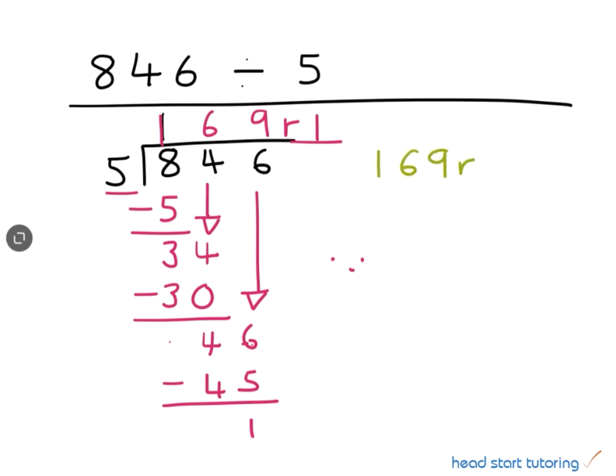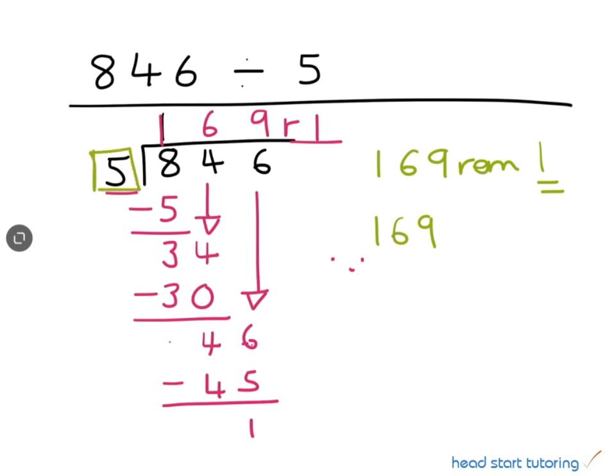169 remainder 1, or rem 1, we need to understand what that 1 represents. So 169 is definitely our whole number. That won't change. But that remainder of 1, we need to remember that we were dividing by 5.